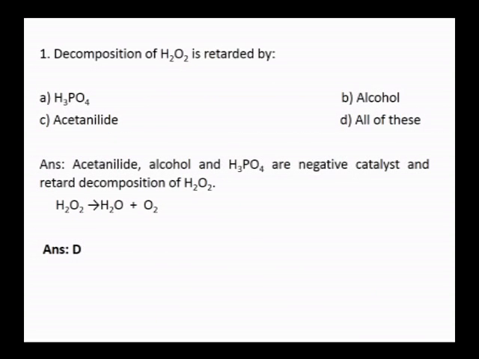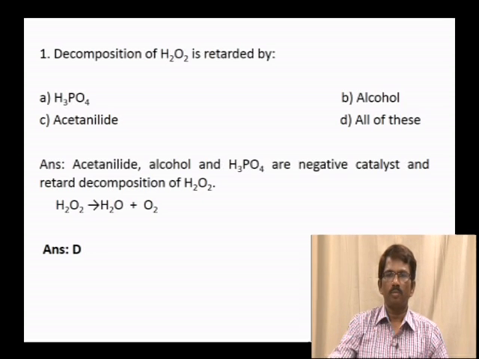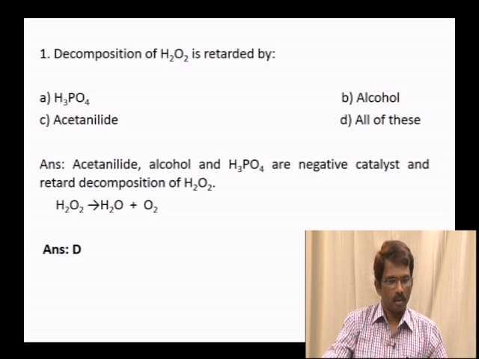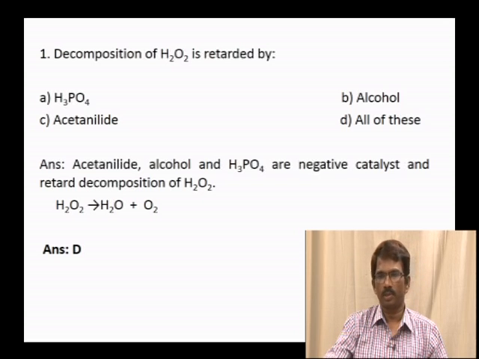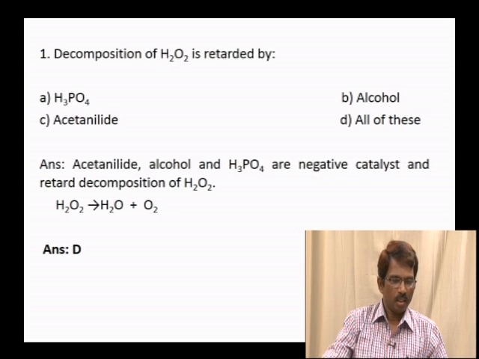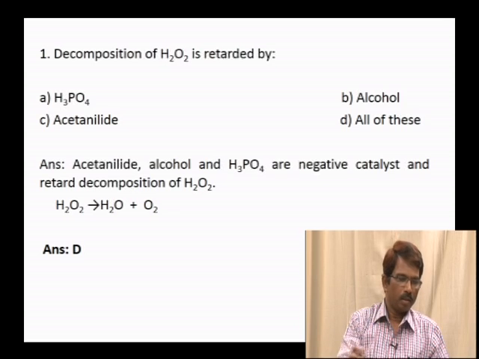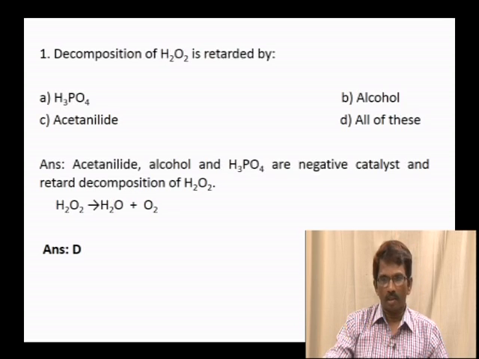And now coming to the questions. Question 1: the decomposition of hydrogen peroxide is retarded by, the options are A, H3PO4, which is phosphoric acid, B, alcohol, C, acetanilide, and D, all of these. Hydrogen peroxide is basically an unstable compound which slowly decomposes into H2O and O2.